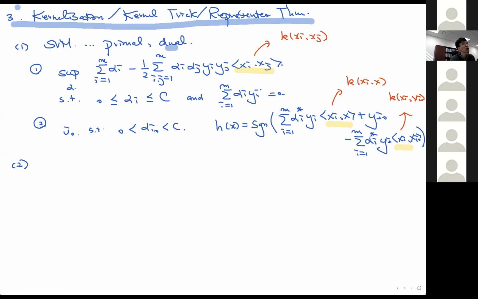And in particular, even though the original algorithm is designed for computing, say, some hyperplane, some linear classifier, if you kernelize it, you end up with the same algorithm working on a nonlinear classifier. So you can increase the power of the algorithm dramatically. Okay, so that's something called the kernel trick.